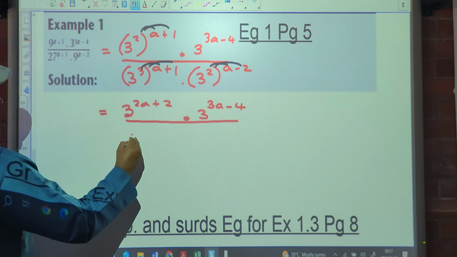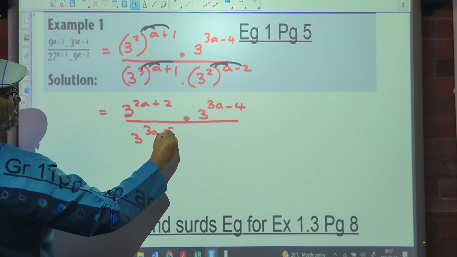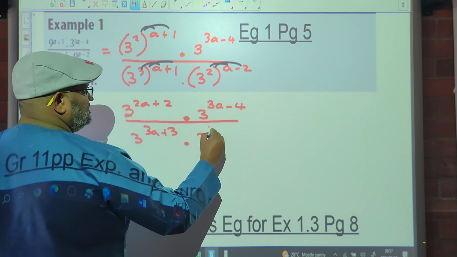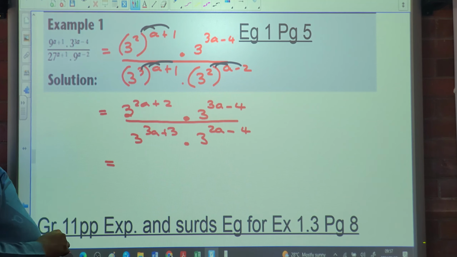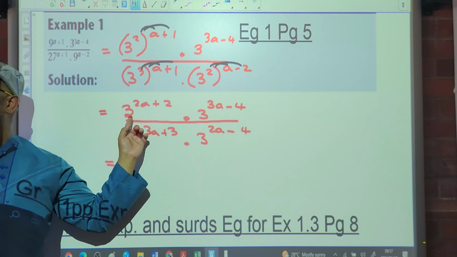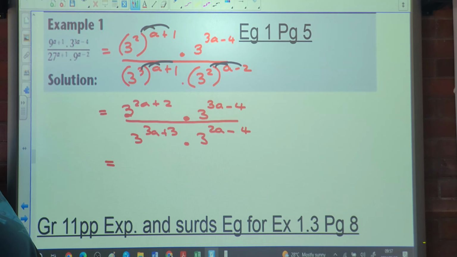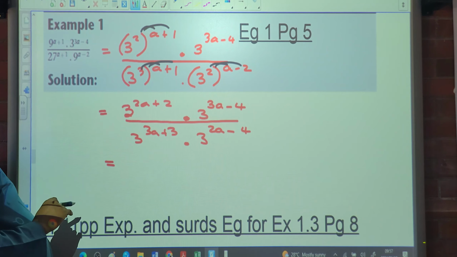Over 3 to the 3a plus 3, times 3 to the 2a minus 2. So when we're multiplying and bases are the same, what do you do to the exponents? We add. If we divide, we subtract. What do you notice? That all these bases are the same.